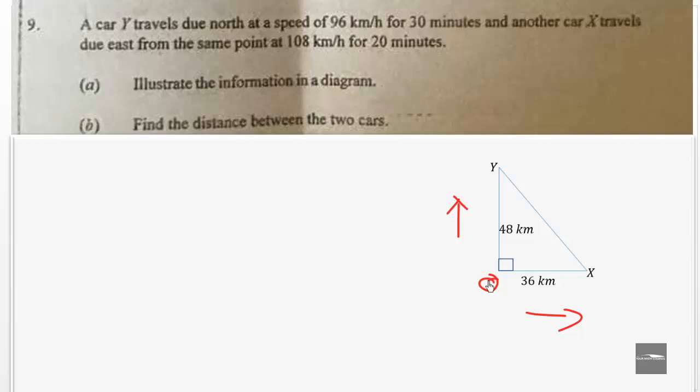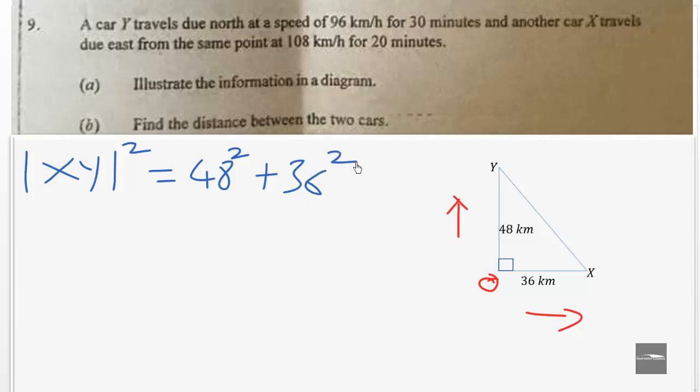So we can find the distance between the two cars. And how do we do that? The distance between the two cars, XY squared, will be equal to 48 squared plus 36 squared. 48 squared will be equal to 2304. 36 squared is 1296.